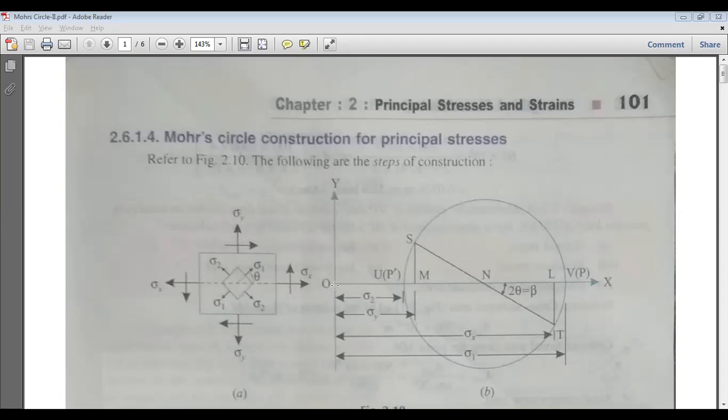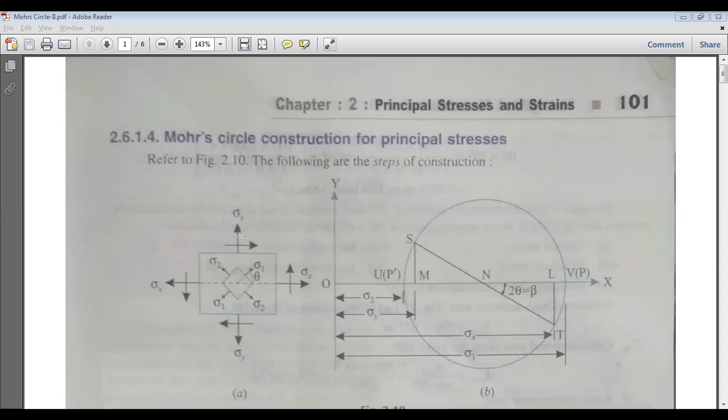So we will be assuming that 1 millimeter represents 1 meganewton per meter square. We'll draw a line sigma x in the horizontal direction. We have already drawn the line OX, so we'll take the dimension sigma OX from the origin. So sigma x of 70 mm or 7 centimeters is taken.